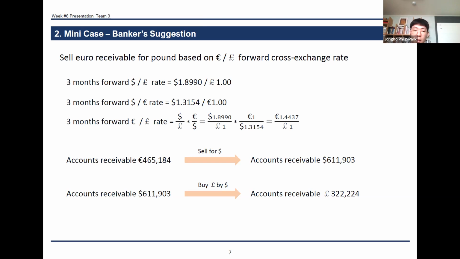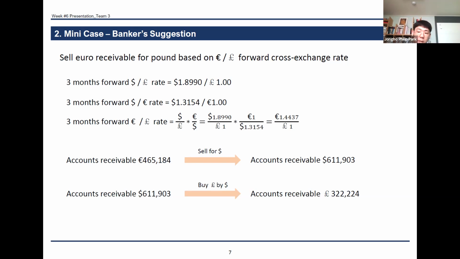So if we're going to get the 3 months forward euro per pound rate, we can turn upside down the dollar per euro rate and multiply it by the dollar per pound rate like this. So we can have the exchange rate like 1.4437 euro per 1 pound.